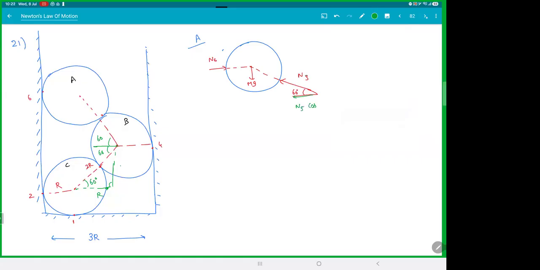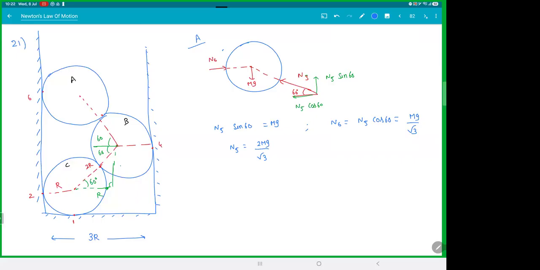N5 cos 60, N5 sin 60. You can clearly see N5 sin 60 is balancing the mg, so N5 is 2mg by root 3. N6 is balancing N5 cos 60. That is mg by root 3.